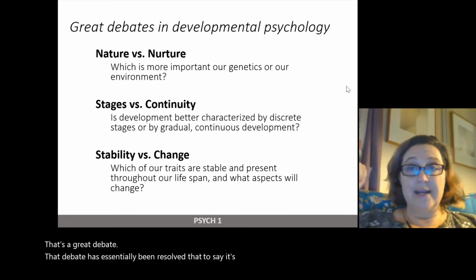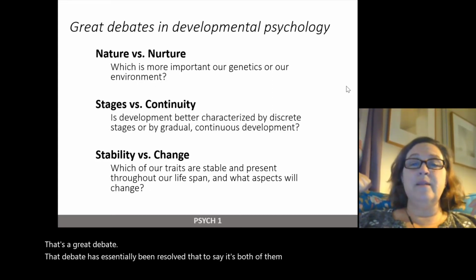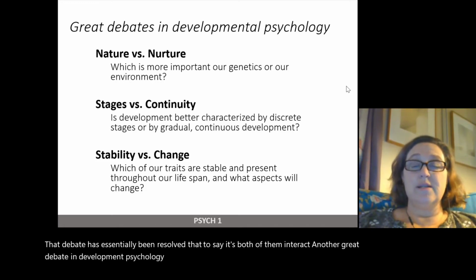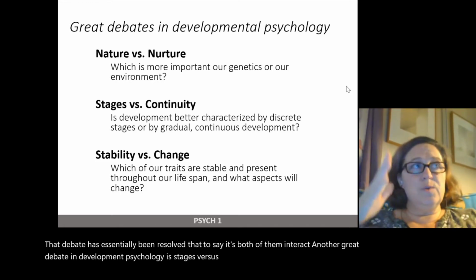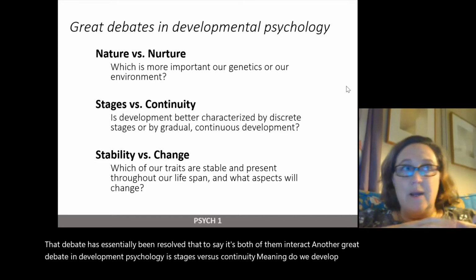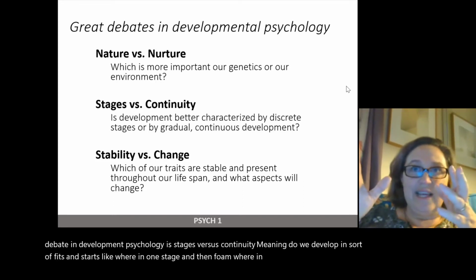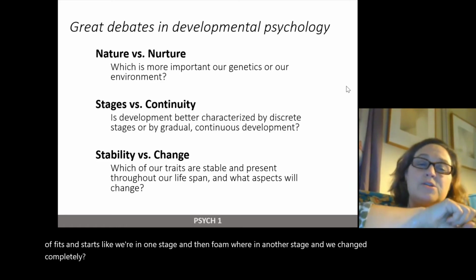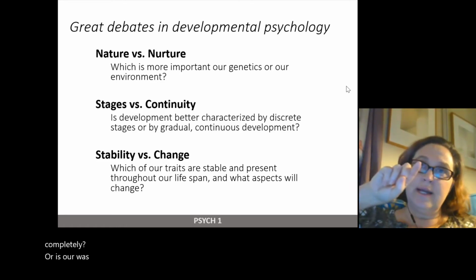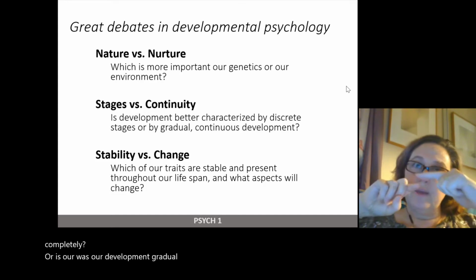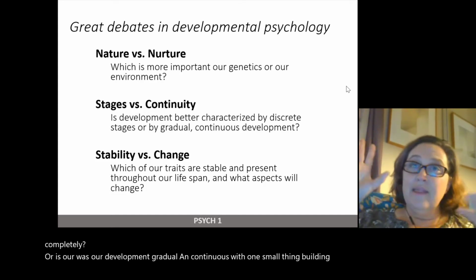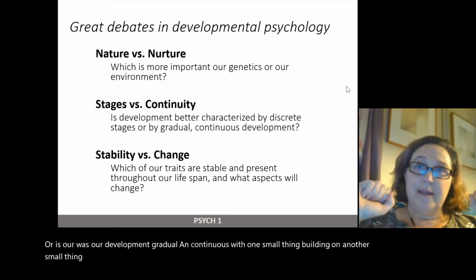Both of them interact. Another great debate in developmental psychology is stages versus continuity, meaning do we develop in fits and starts, like we're in one stage and then boom, we're in another stage and we change completely? Or is our development gradual and continuous, with one small thing building on another small thing? That debate is still in play.